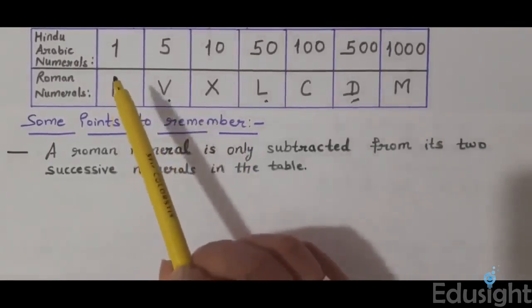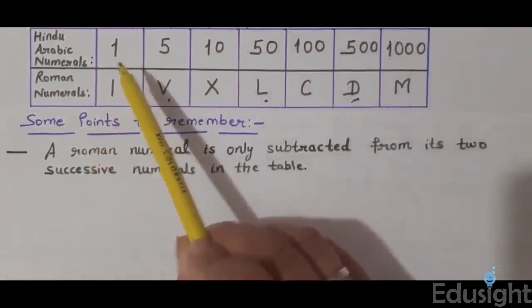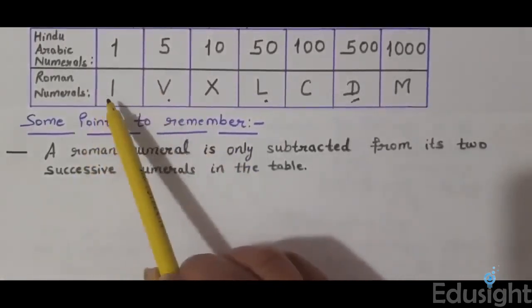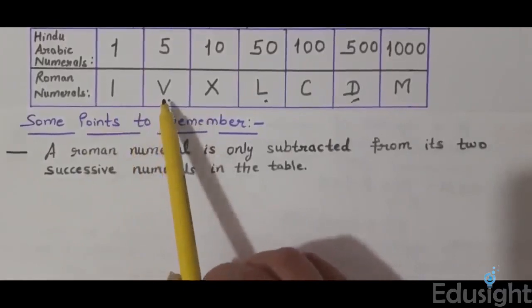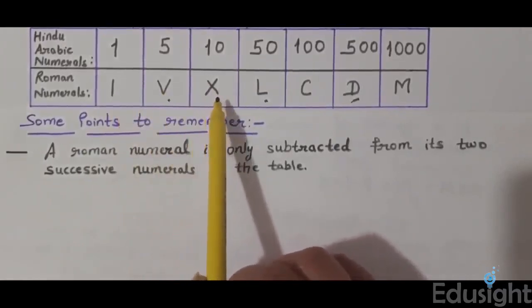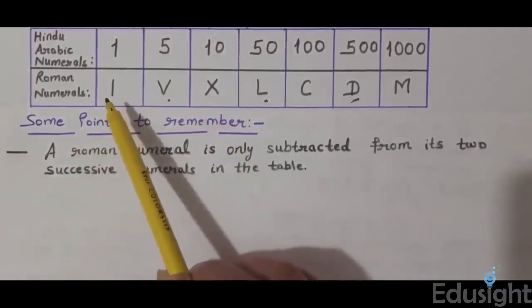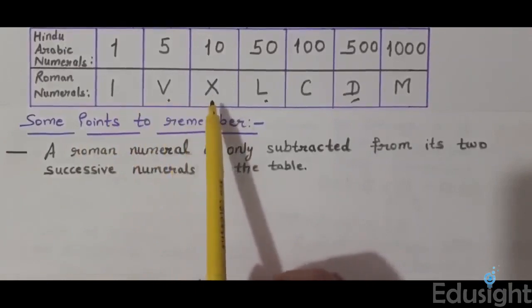For example, if I take the Roman numeral I, which is for 1, the successive numerals of I are V as well as X, right? So I can only be subtracted from V and X.